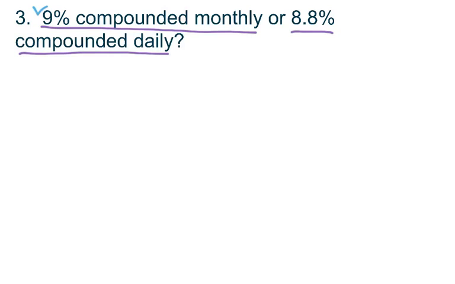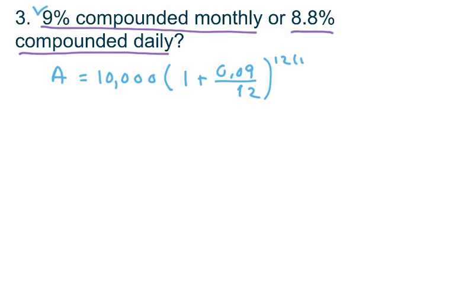A equals 10,000 times 1 plus 0.09 over, wait, where am I? Compounded monthly, so this would be over 12. And this would be 12 times 1. And this gives you 10,938.07.